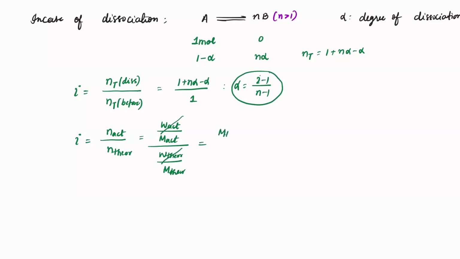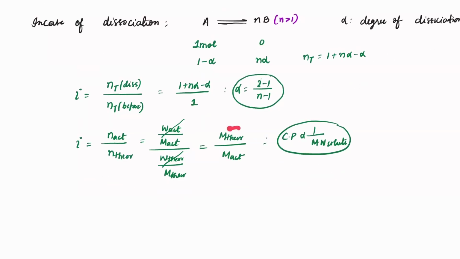M theoretical by M actual. Remember that colligative property is inversely proportional to the molecular weight of the solute, everybody. So if you are taking the ratio of the colligative property, you should take the reverse ratio of the molar masses. Clear? So the theoretical molar mass will be known to you, and the actual, which means the molar mass of a mixture. If you know that, theoretical by mixture will give you the I factor.